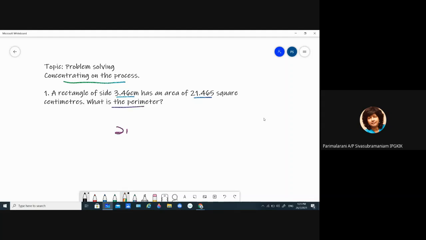To find the perimeter, they have to divide the area by one side to find the other side. Once they find the other side, then they have to add the numbers to find the perimeter. This is quite complicated and quite long.